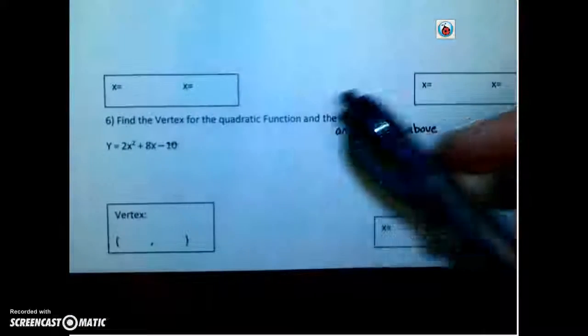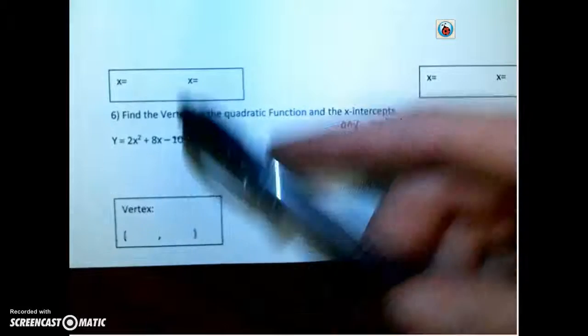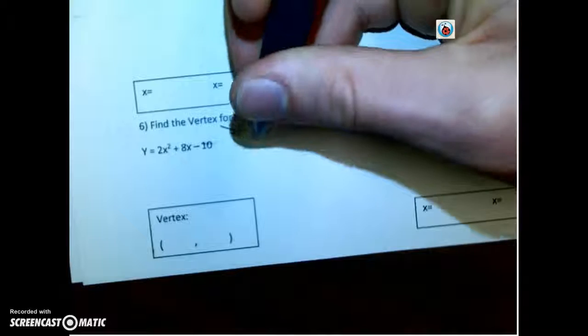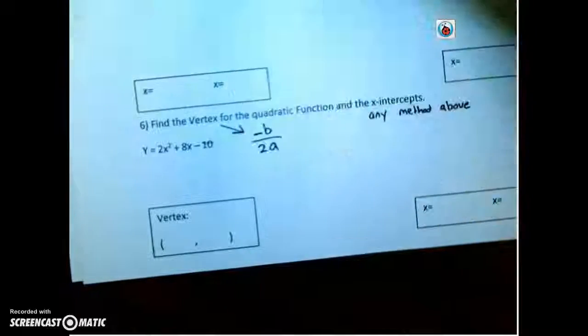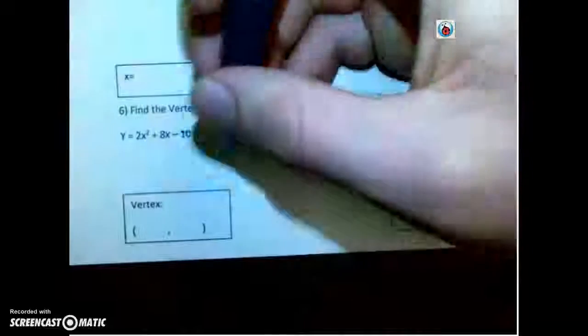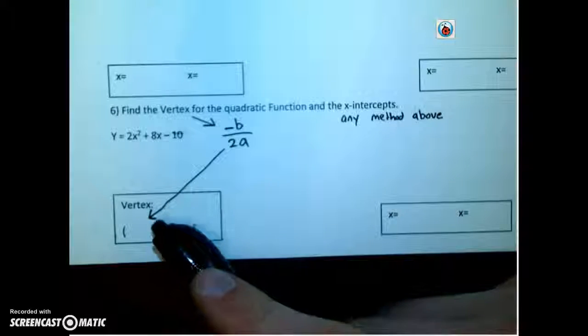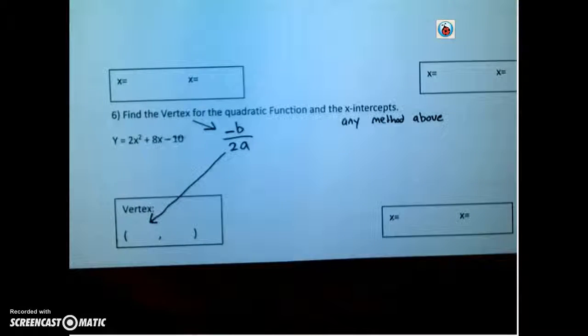Okay. And then also divide 2a. Right, that coordinate. Right, so when your a values go right there.